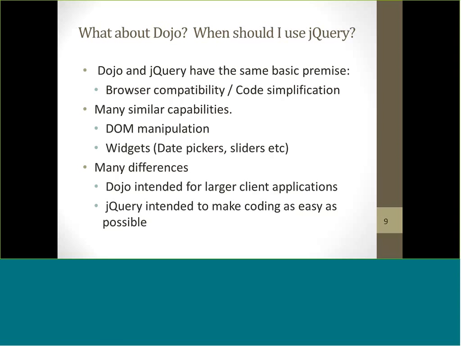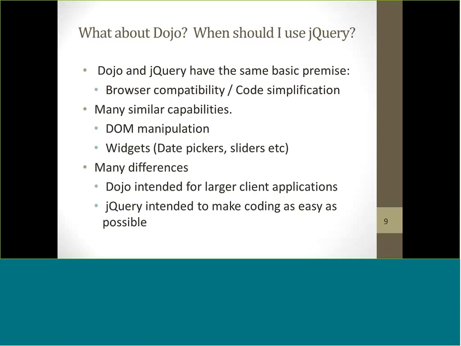But there are many differences. Dojo itself is designed as a framework library to build JavaScript applications, whereas jQuery is designed to make coding as simple as possible and do more with less. So what do I mean by that?